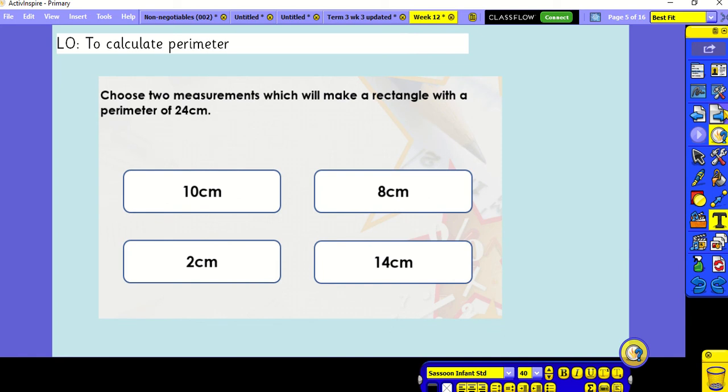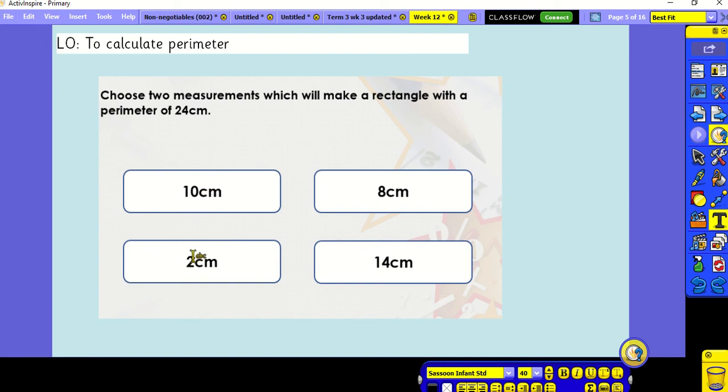Okay, and the third type of problem. Choose two measurements which will make a rectangle with a perimeter of 24 centimetres. Okay, so here I've got 10 centimetres, add 10 centimetres. Two of those sides would make 20 centimetres. Then I would have 4 left to make 24 centimetres.